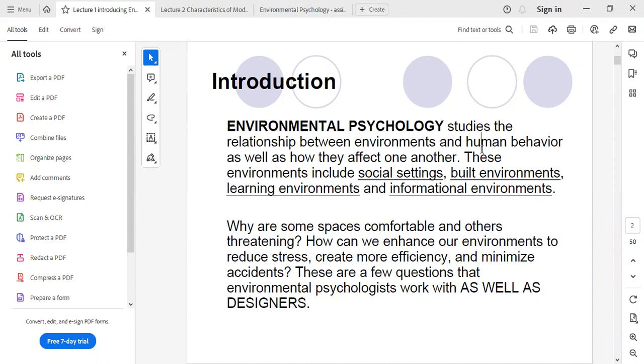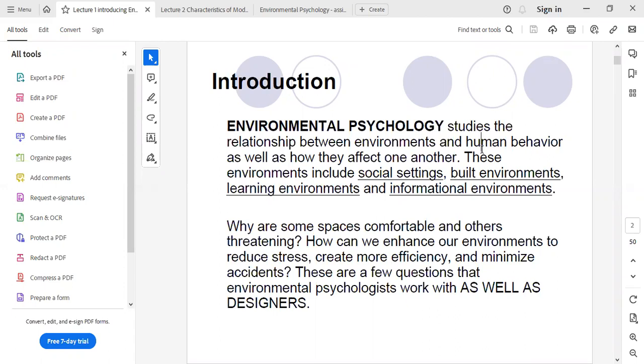For social settings, I might give an example. Let's say a wedding or a party or even an educational gathering, in another sense, is a social setting. And then it comes to built environments. Let me give even grades. They are also built environments. Let me give work environments. So built environments involve almost all structures which have been constructed by human beings.